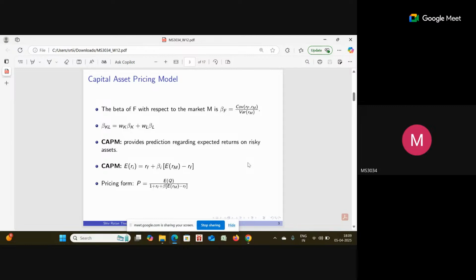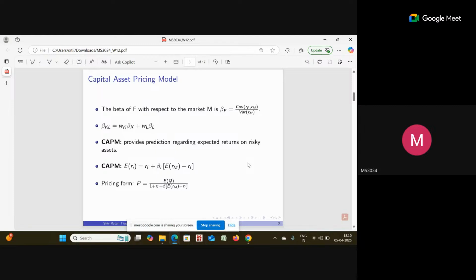And this is applicable wherever you are able to divide the overall firm structure into multiple parts. It can be in the form of financing like debt and equity also. So if the debt component has a different beta and the equity component has a different beta, then you can take a weighted average and that will give you the overall market beta.